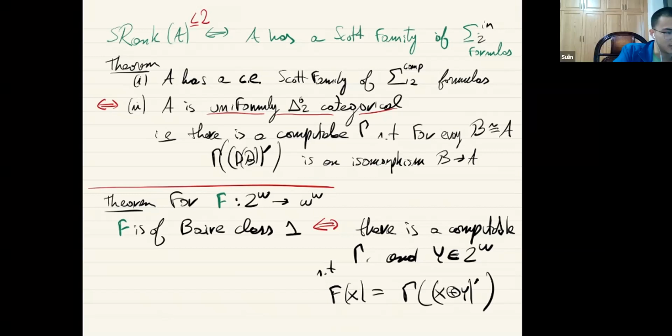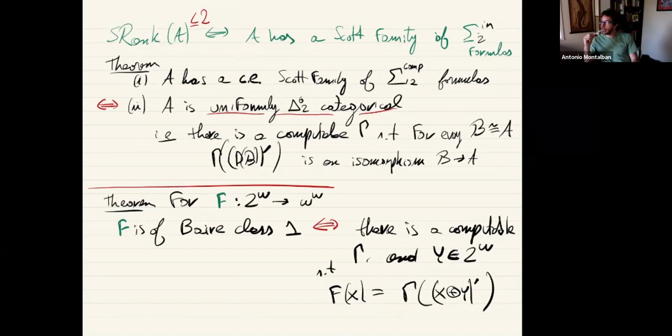So in the Borel hierarchy, the omega hierarchy, or the limit ordinal hierarchy, is essentially the union of the previous hierarchy.